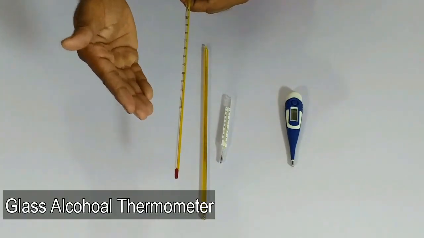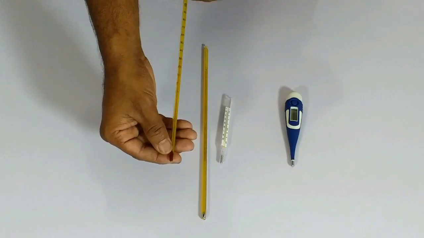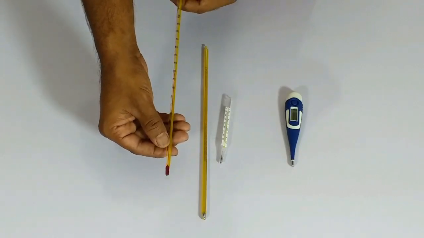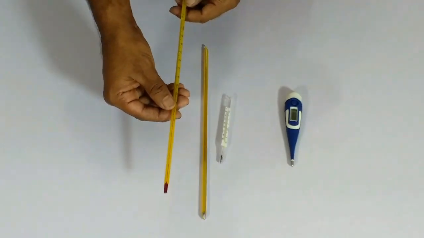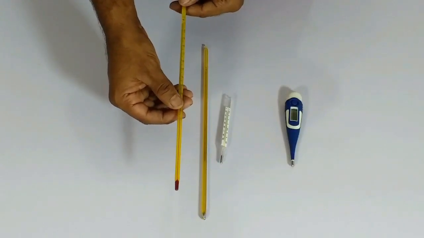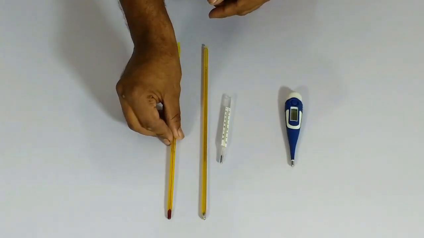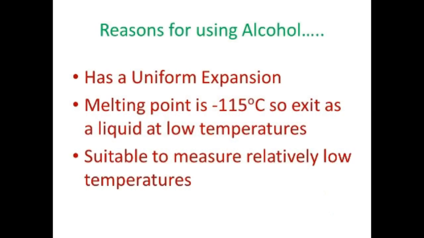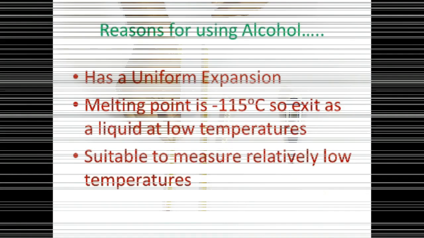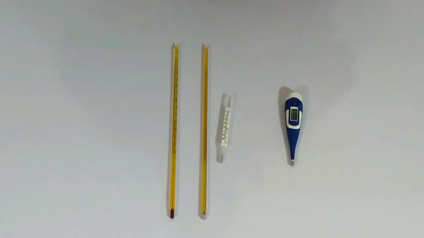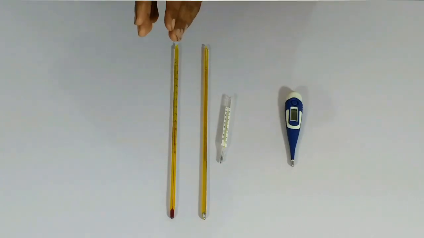Here, instead of mercury, red colored alcohol is used in the bulb. So this is also used to measure temperature for day-to-day requirements. But keep in mind, though there are various thermometers, in the grade 11 science syllabus we focus only on the glass mercury thermometer as well as the glass alcohol thermometer.